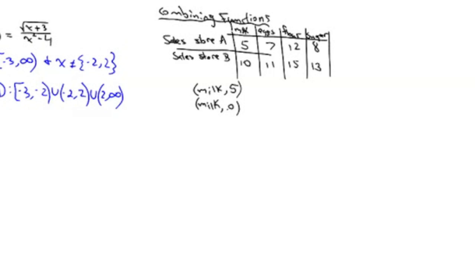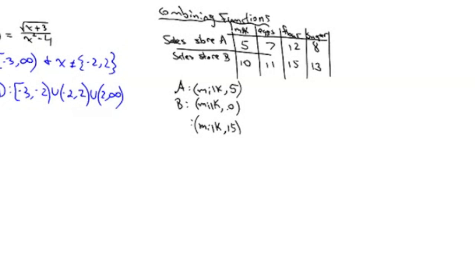But when I said how much did they sell together, you said the milk sold for both the stores was 15. Well, I have to kind of give that a name because this is Store A and this is Store B. So if I make milk 15, what do I name it? A times B? Because if you write AB, it's A times B.